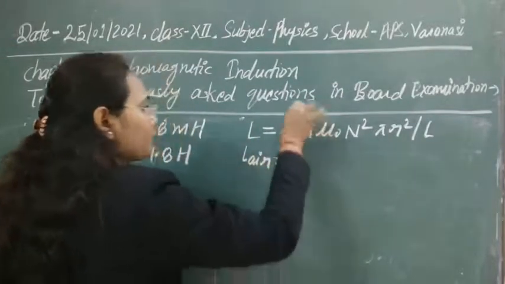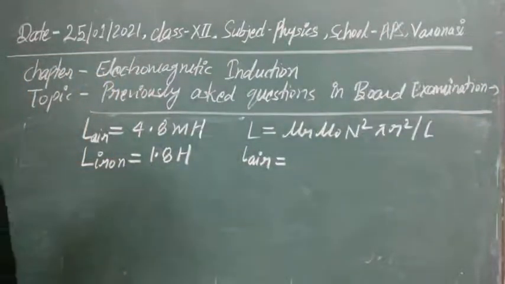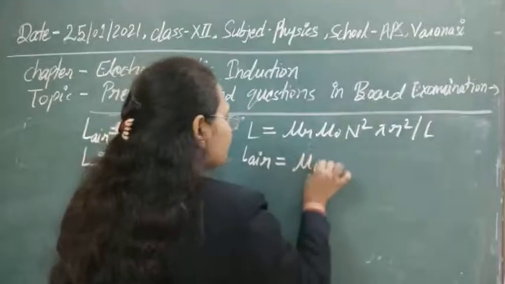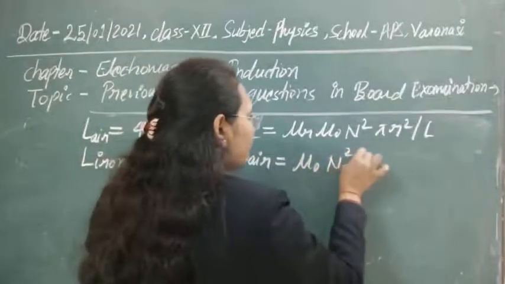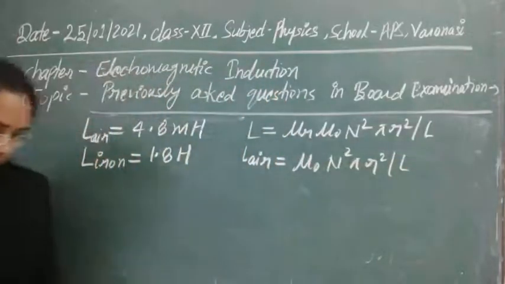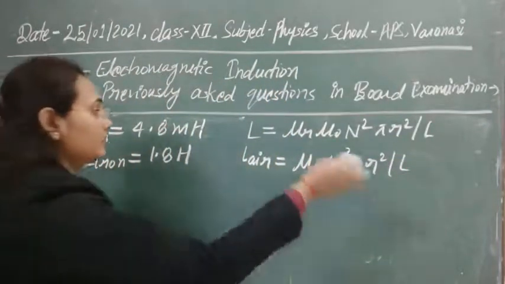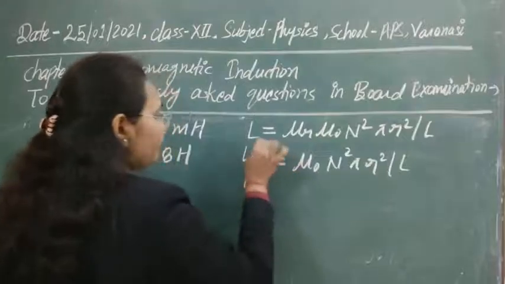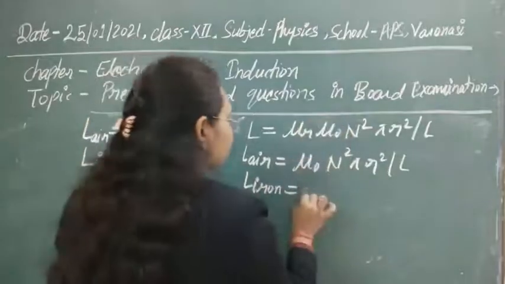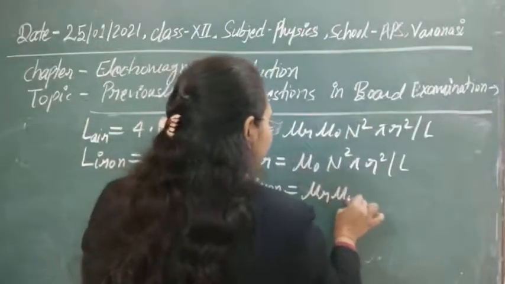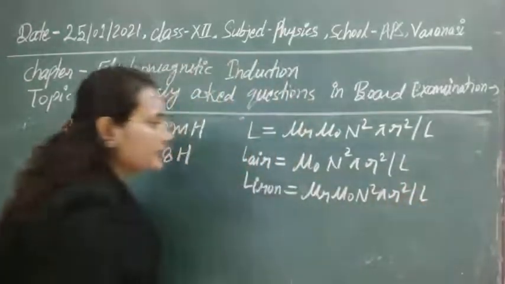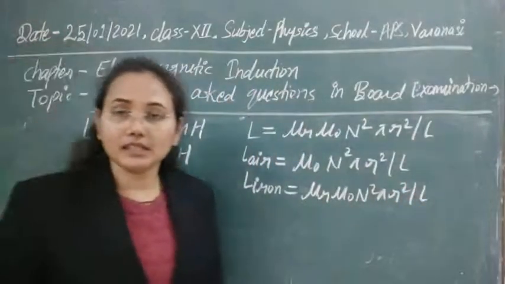For air, we know that the relative permeability is equal to 1, so the formula will be mu 0 n square pi r square upon L. Next, we write it for iron: mu r mu 0 n square pi r square by L. As it is given, we are only changing the material.